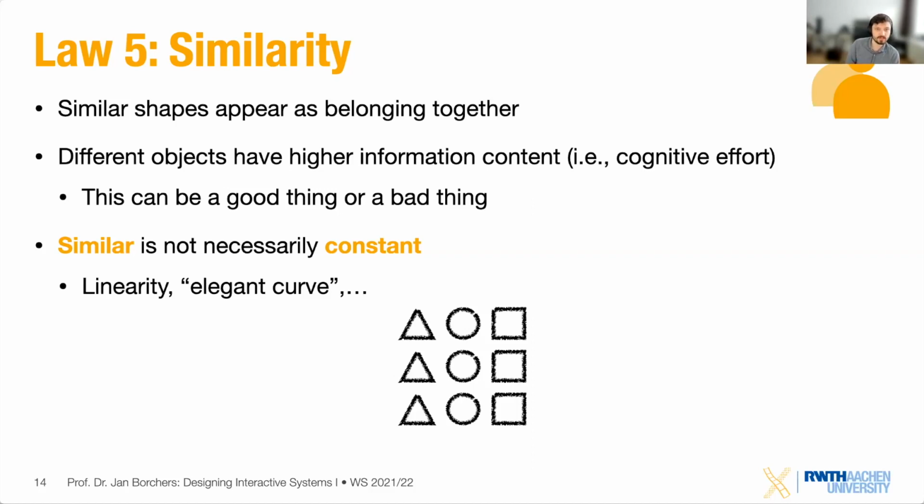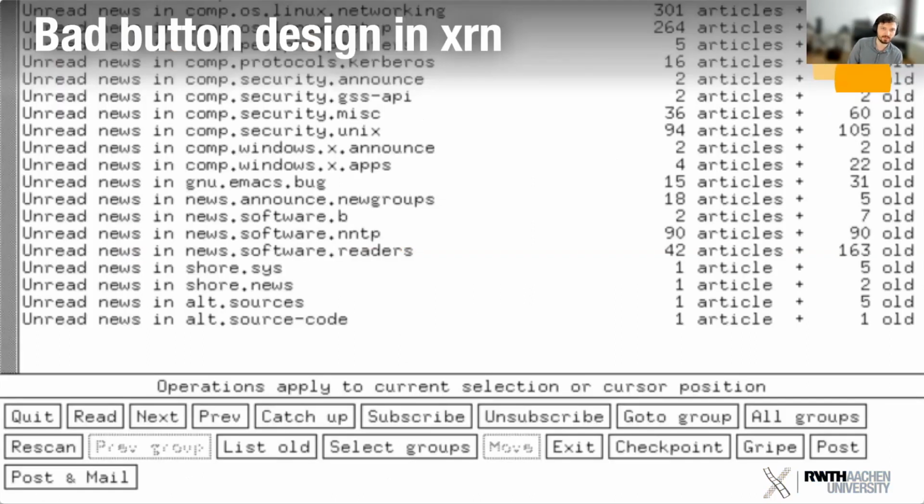You can use this Gestalt law in many ways. Having, for example, buttons look the same as an element on your UI which performs an action is definitely a good thing. However, some buttons you might want to have look different. And maybe you can see this a bit more in the next example.